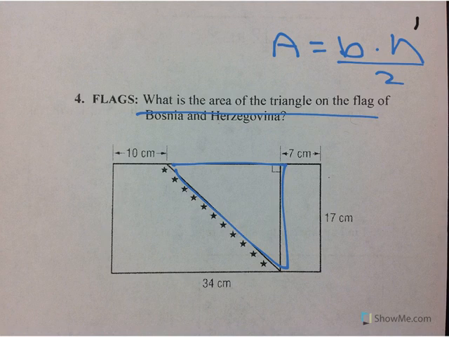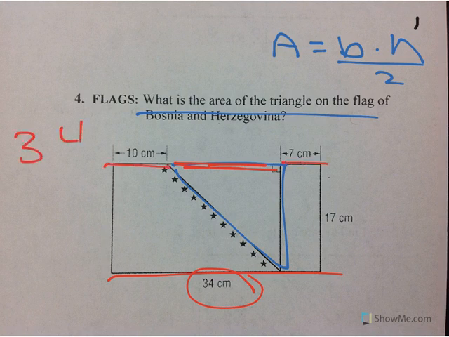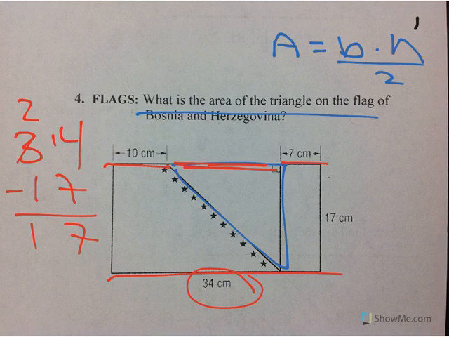The tough thing is going to be finding the base, which is this piece right there. I know that this is 34, and 34 is the whole distance here, so this is 10, and this is 7. So I'm going to take the 34, and I'm going to subtract 17 from it, and I get 17. So I know that's my base.